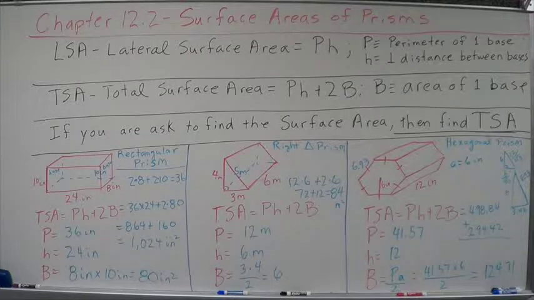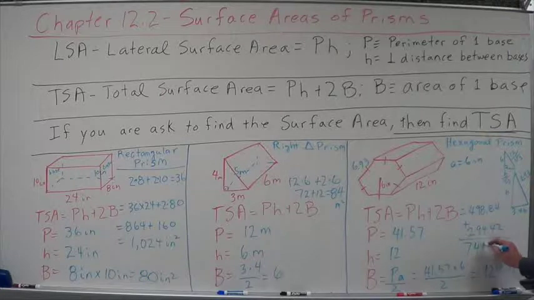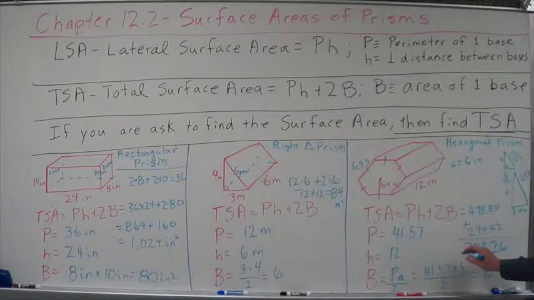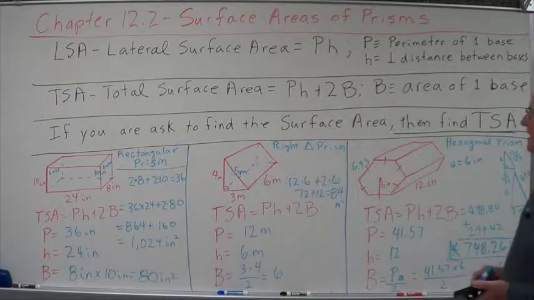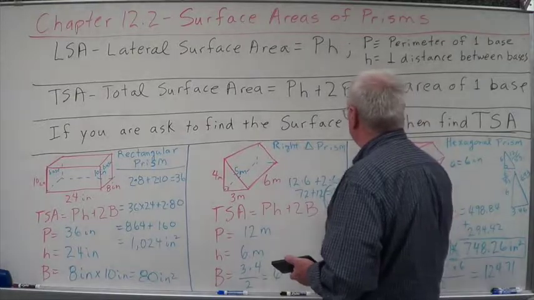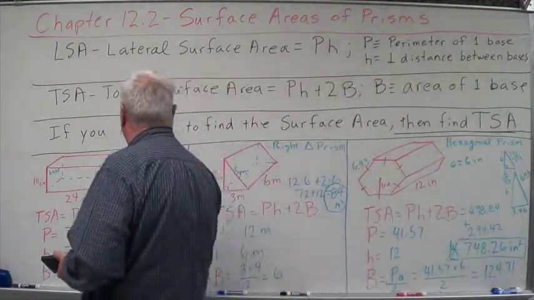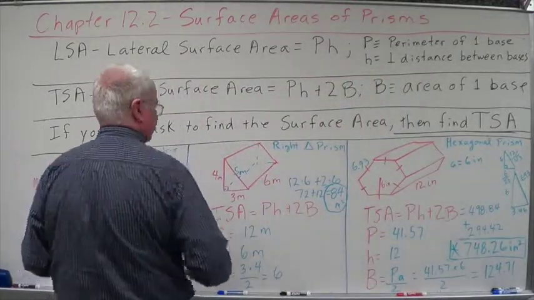Add those together, we should get 748.26. This is our total, and that would be inches squared. This right here is our total here.